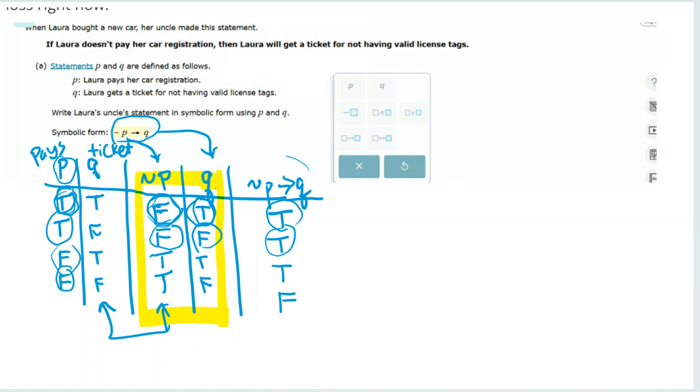If she didn't pay her registration and got a ticket, that's true. If she didn't pay her registration and didn't get a ticket, that's false. So this is the only time that's false. This is saying that she didn't pay, because didn't pay is true, but she also didn't get a ticket.